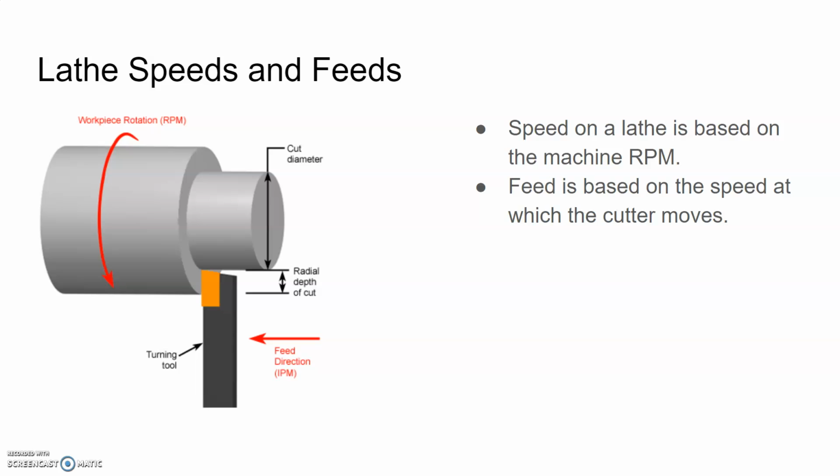So you'll have to set the machine up or program into the machine how fast you want the machine to rotate based on your speed and feed calculation. Feed is the speed at which the cutter moves into the material. So versus the CNC mill, where the table and the clamp with the piece of aluminum on it moves, now we're talking about how fast we control the tool moving.